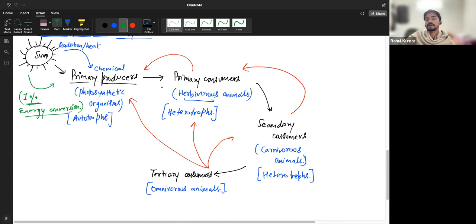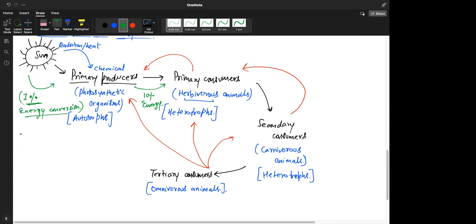From there afterwards, from primary producers to primary consumers, there is a 10% rule. 10% energy flows on average. So let's say, to begin with, if sun gives 1 lakh joules of energy, how much will primary producers, the plant, capture from 1 lakh? 10,000.